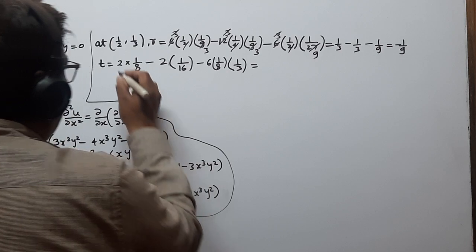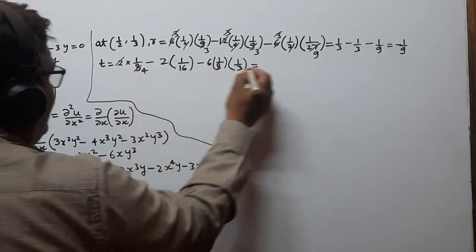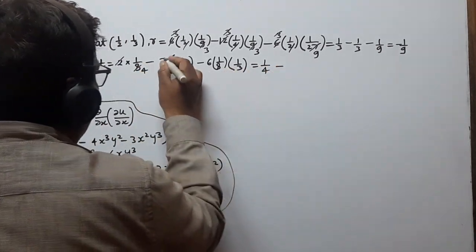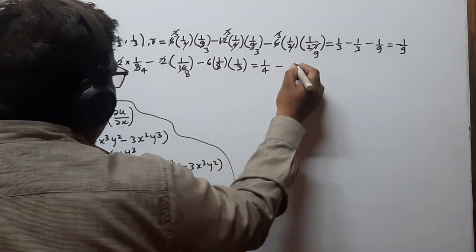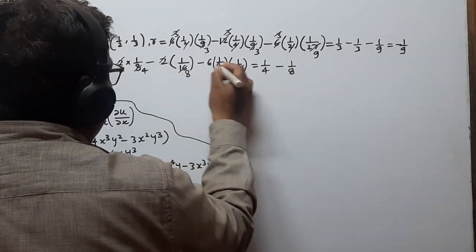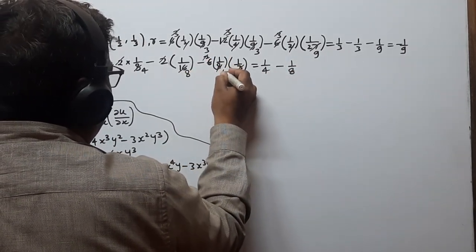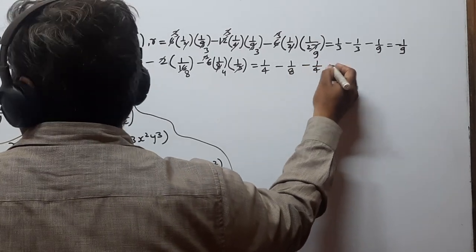Solving this, 2 4 is 8, so this is 1 by 4, minus 2 8 is 16, so this is 1 by 8, and here 3 2 is 6 and 2 4 is 8, so this is minus 1 by 4.